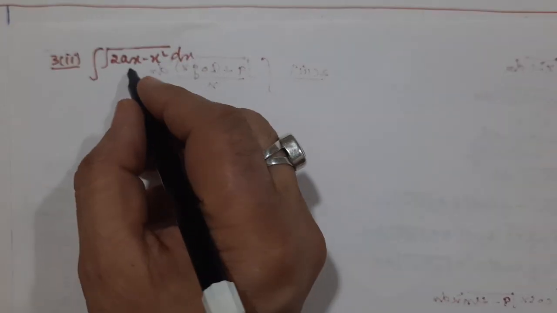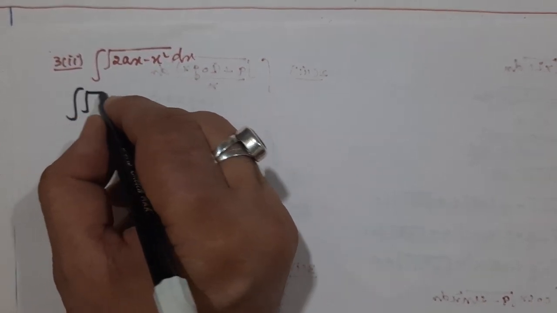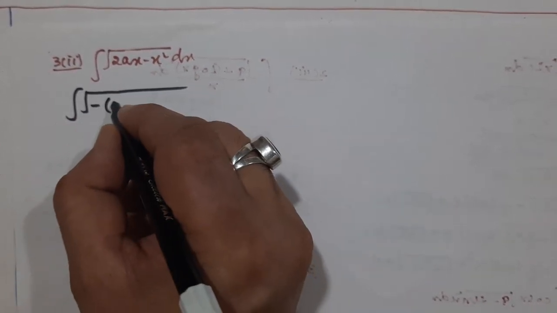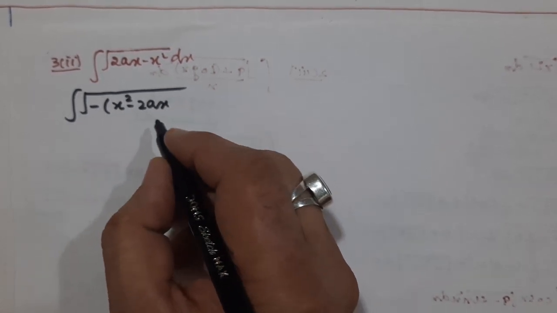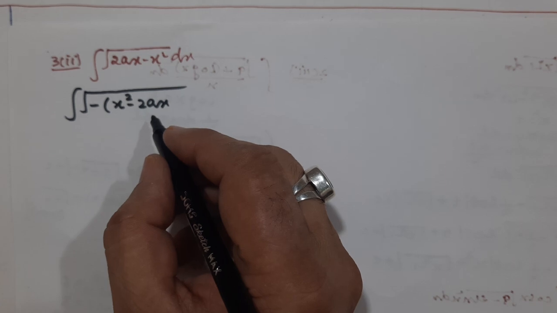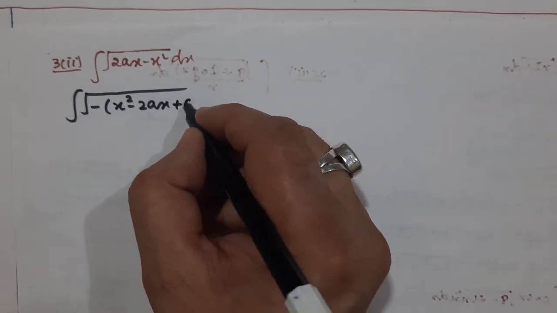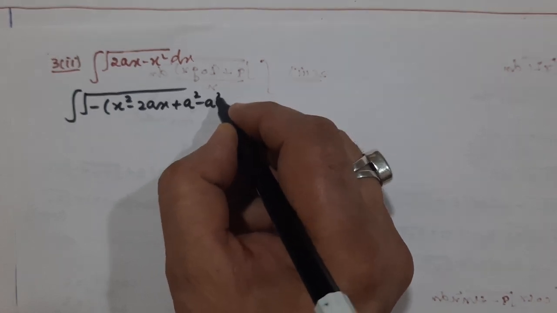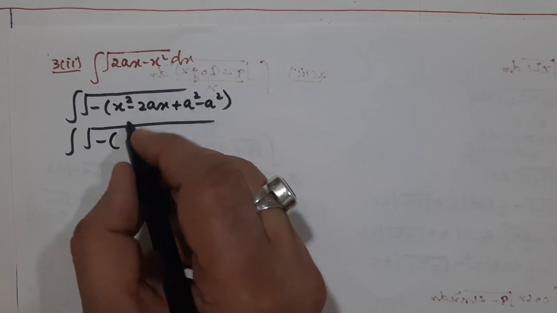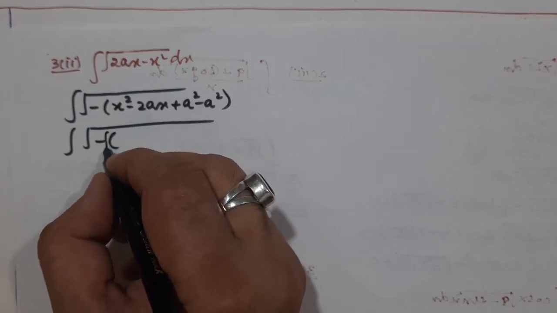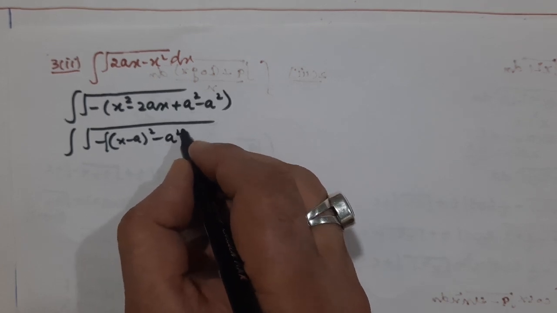Second part, integral of under root 2ax minus x square. So moving in the same way, students, taking common minus sign inside the root, we can write x square minus 2ax. Now here coefficient of x is 2a, its half is a, and square is a square. So adding a square and subtracting a square, we can write it like this: x minus a whole square minus a square.